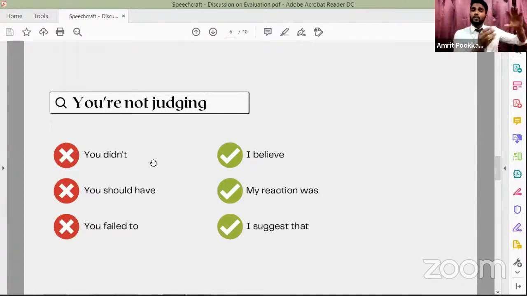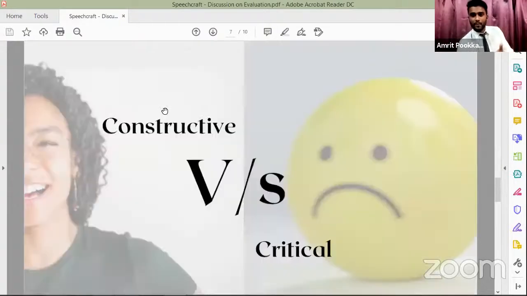When you mentioned your childhood, my reaction was, you took me back to my childhood days. I suggest if you do it in a particular way, it would have connected more with me because I'm coming from such and such background. I don't really know if you can understand that difference, right? It actually uplifts the speaker if you put it in that particular way.